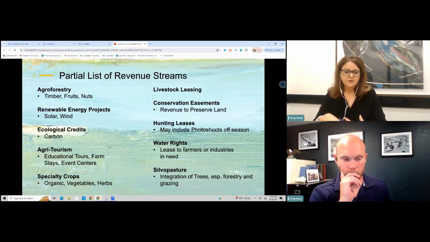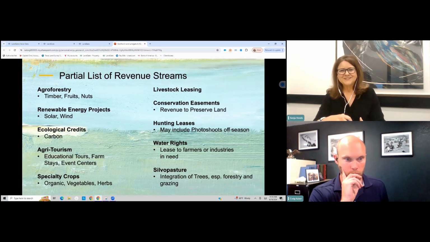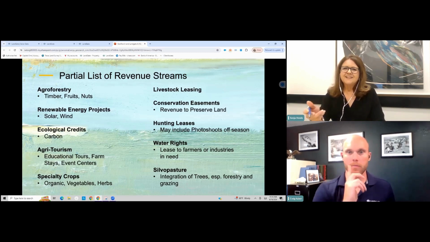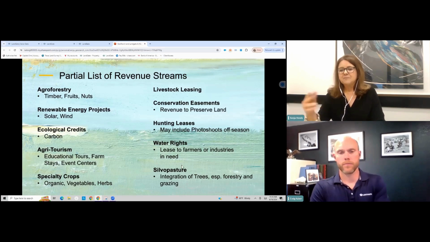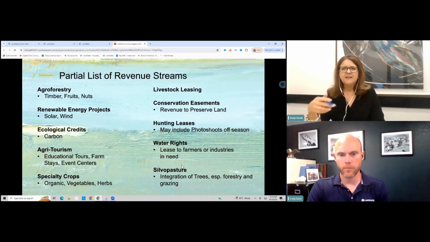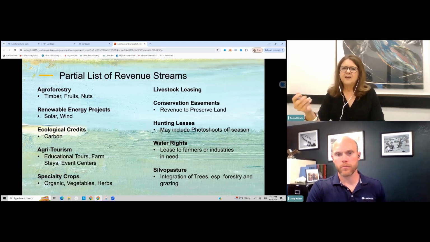Agroforestry, renewable energy projects, ecological credits like carbon, agritourism, like educational tours, farm stays, and event centers, wineries, which are very popular here, specialty crops, livestock leasing, and that might include integrating regenerative ranching that might help increase the soil health, and conservation easements.